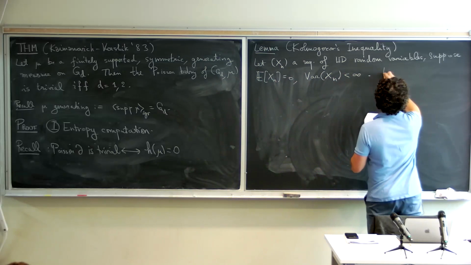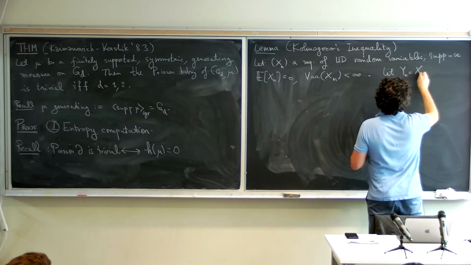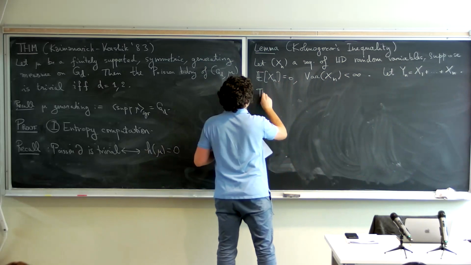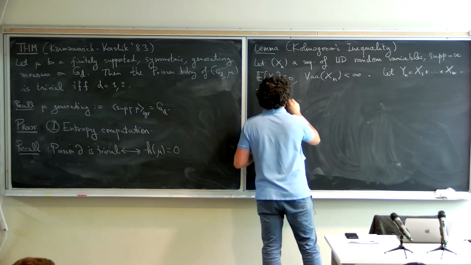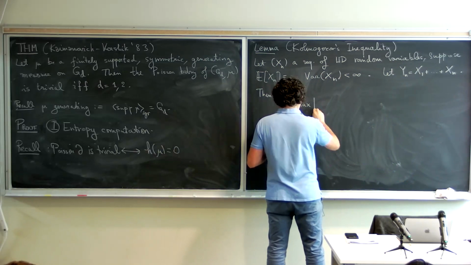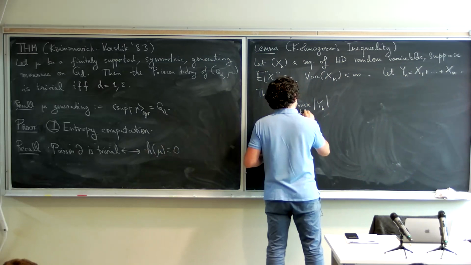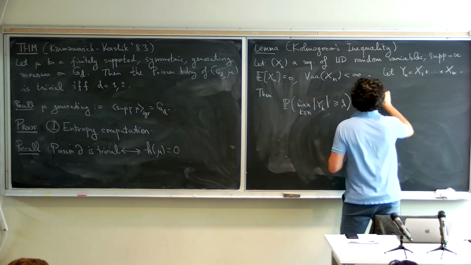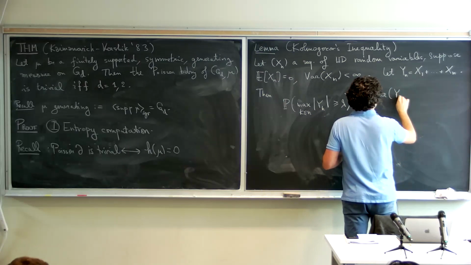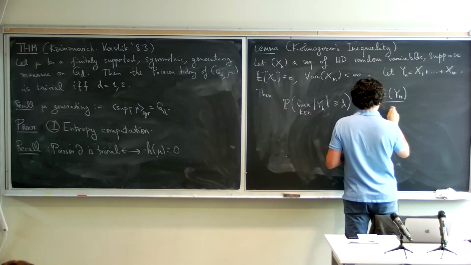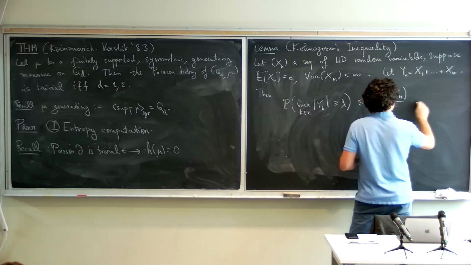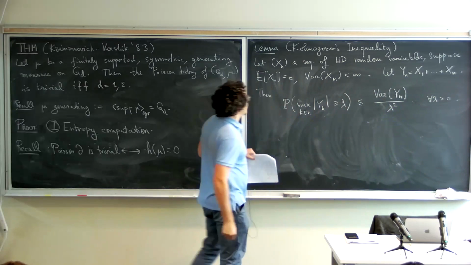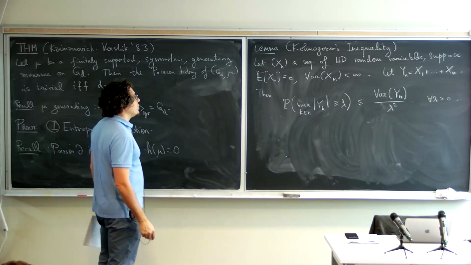And let Y_n be just the sum of them. Then the probability that the max of |Y_k| is bigger than lambda is bounded above by the variance of Y_n divided by lambda squared. So this is a classical large deviation estimate.